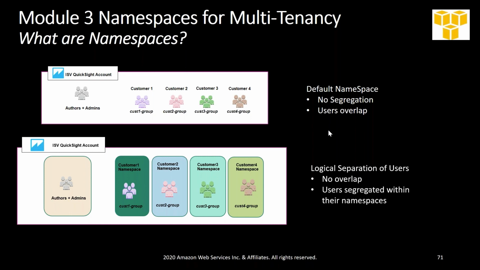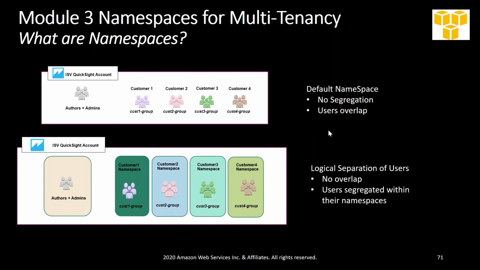While the authors and admins who are in the default can have access to their universe, the customer can have access only within their universe of namespace, whatever we name that namespace to be. So when they are going around sharing something, when they type in, say, John Smith, they're only seeing John Smith of their company and not John Smith from some other company. That's what namespaces allow you to do.